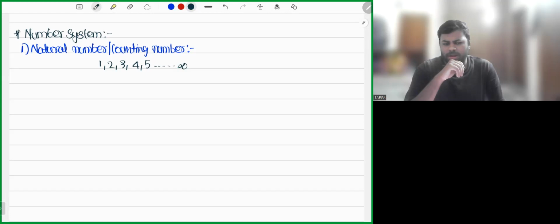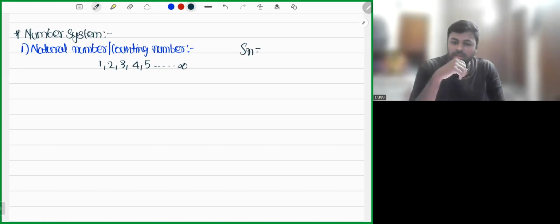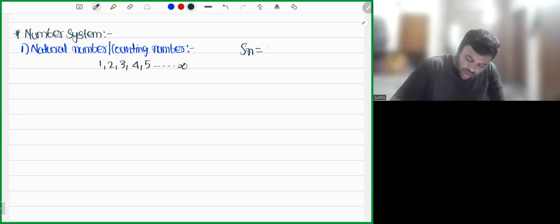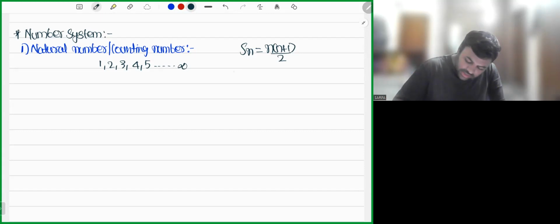Now, sometimes, my dear friends, in our foundation they'll ask what is the sum of natural numbers? Sum is denoted by S, and n refers to natural numbers. The sum of natural numbers, Sn, will be n into n plus 1 by 2. Say, for example, you want the sum of the first 100 natural numbers.